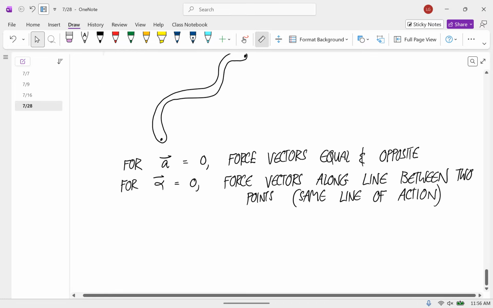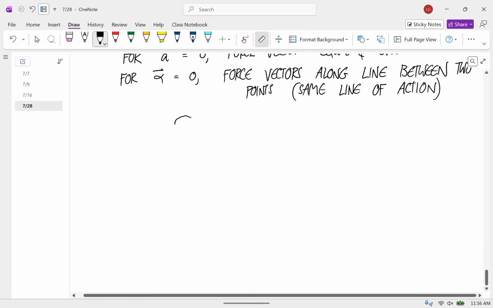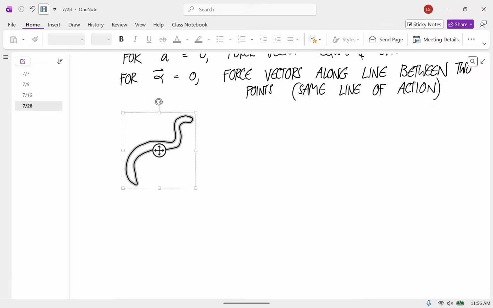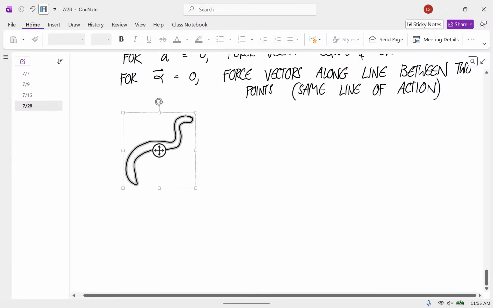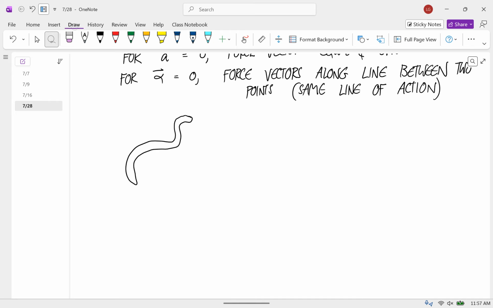So there are only two possibilities for a two-force body that's in equilibrium. I'm just going to draw it again.